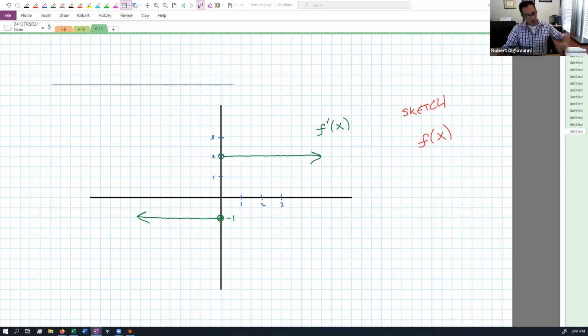Okay. See if anybody was able to deduce this. I'm going to ask anyone to respond to this. To the right over here, what can somebody tell me about the derivative of the function? What is it equal to?